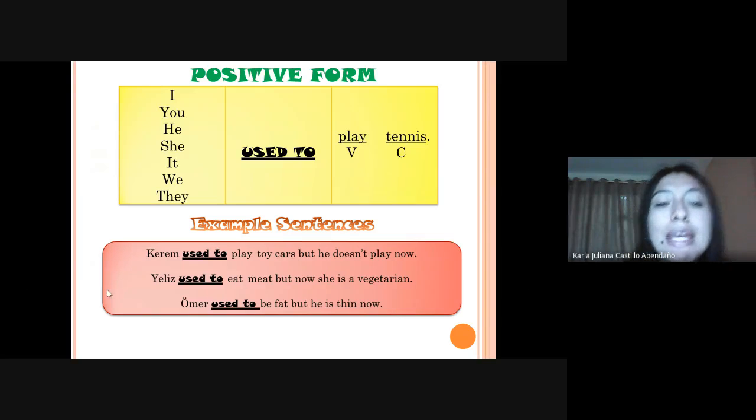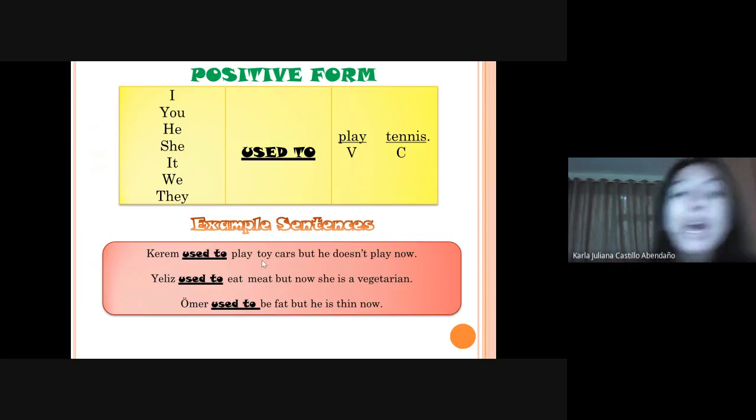But what happened here? Okay, you can tell me, but we are here talking about the past. Why is the action verb not in the past? The action verb is not in the past because we are already expressing the past at the moment we are using the expression used to.